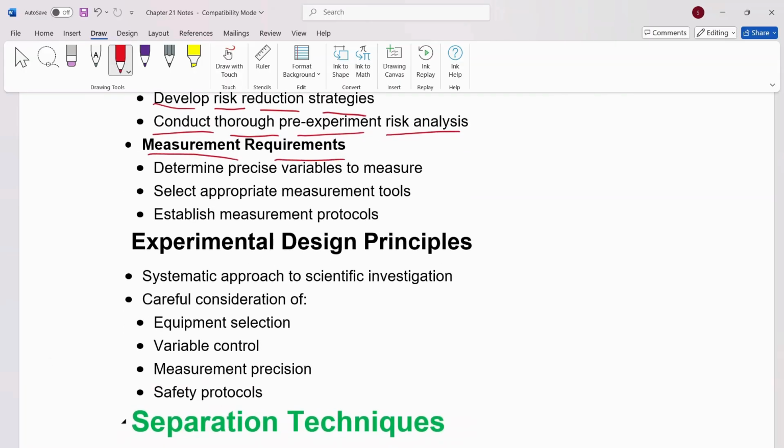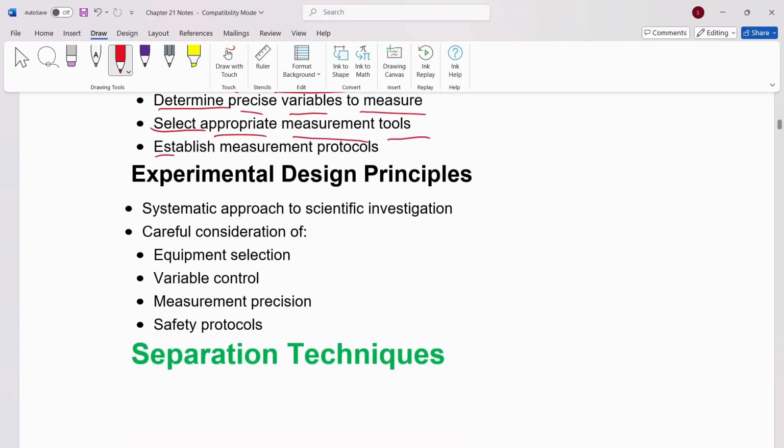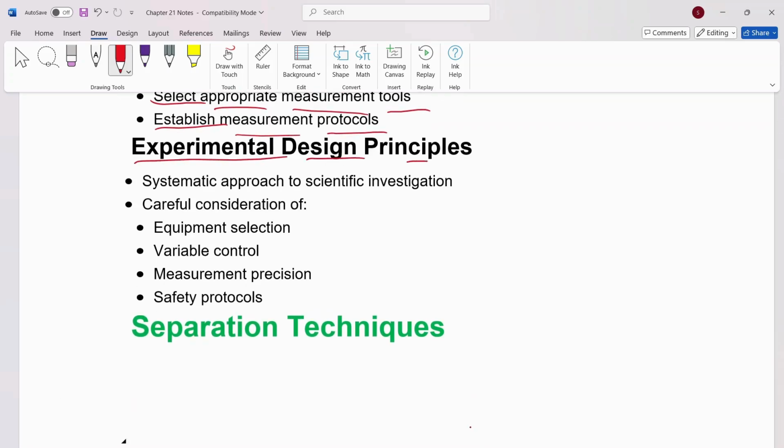Measurement requirements: determine precise variables to measure, select appropriate measurement tools, establish measurement protocols. Experimental design principles: systematic approach to scientific investigation, careful consideration of equipment selection, variable control, measurement precision, and safety protocols.